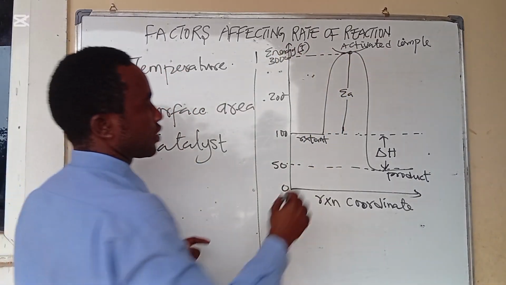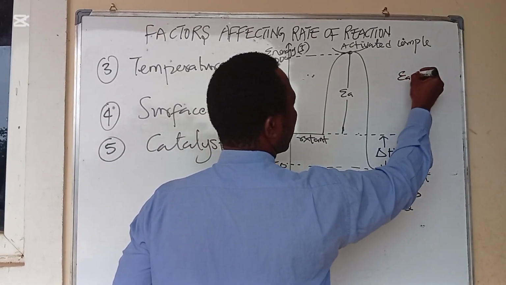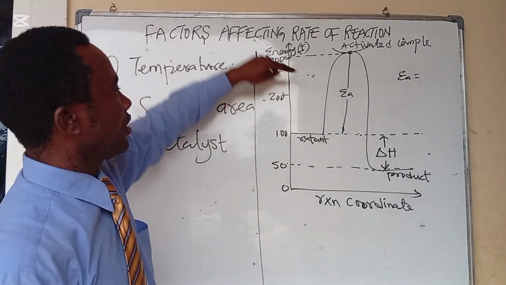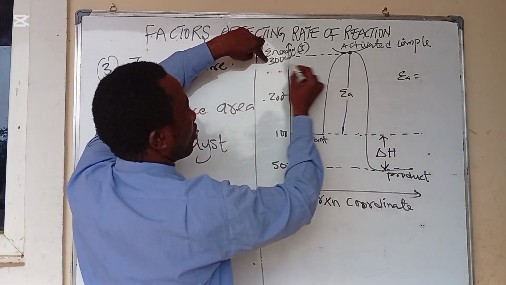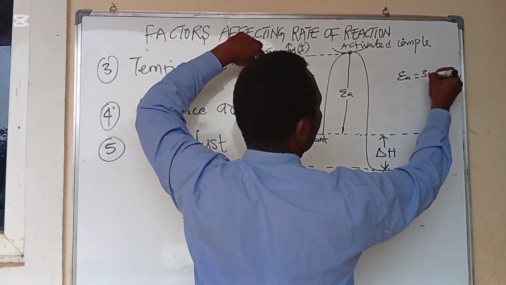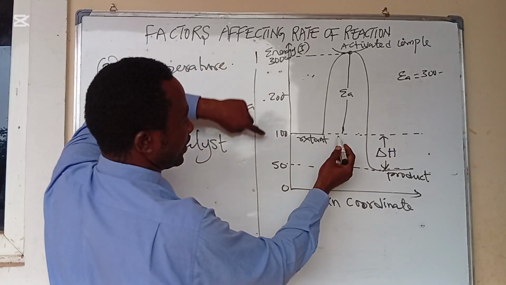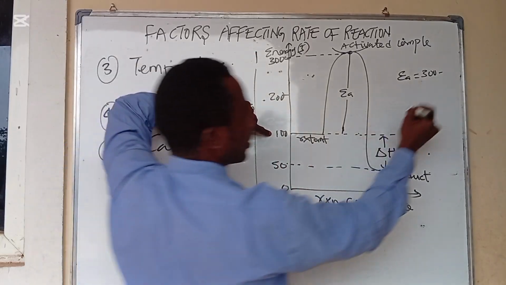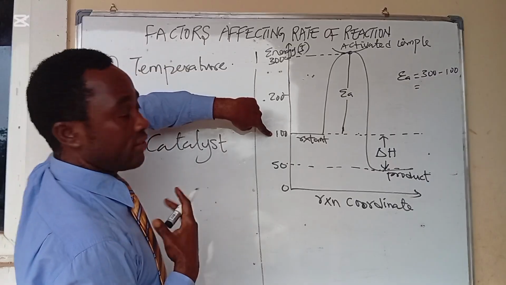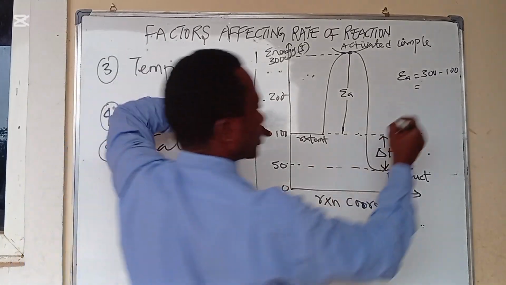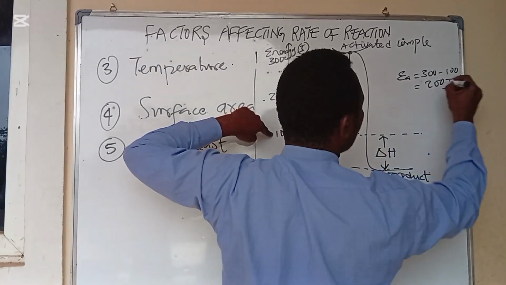The activation energy for this reaction will be the energy at the activated complex, 300, minus the energy of the reactant, which is 100. That is to say that the activation energy for this reaction is 200 joules.